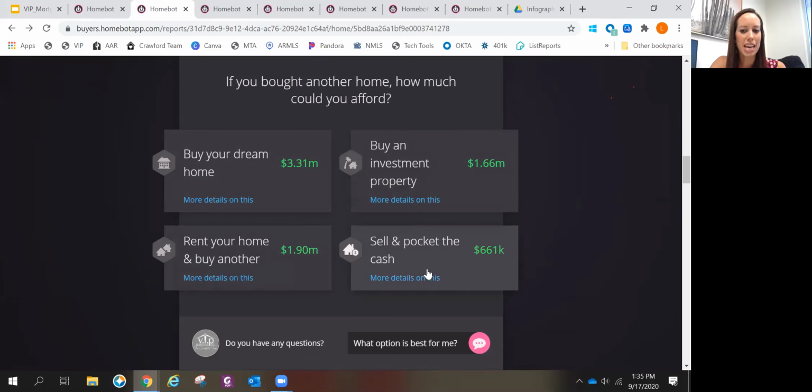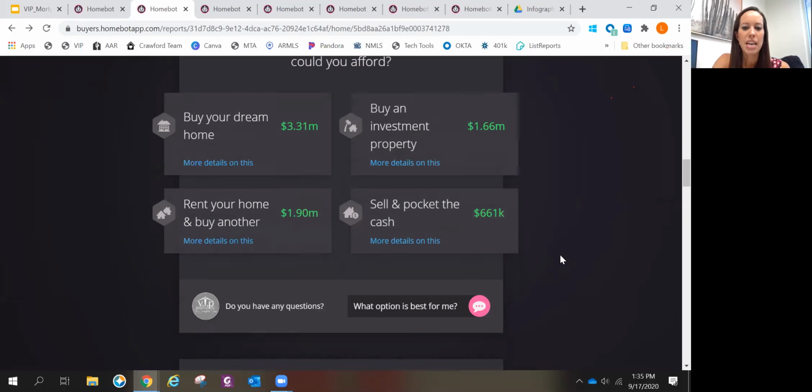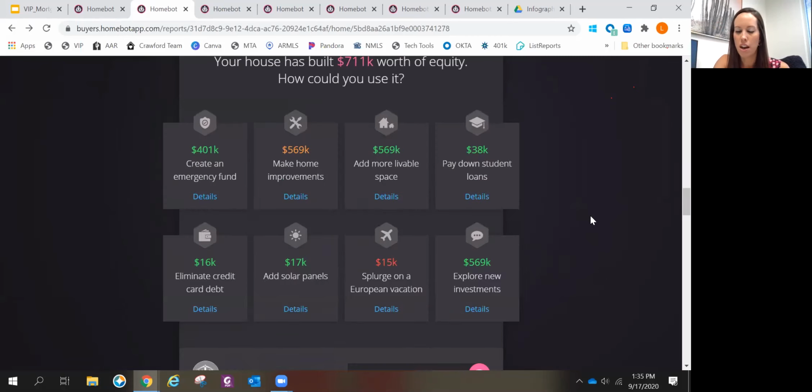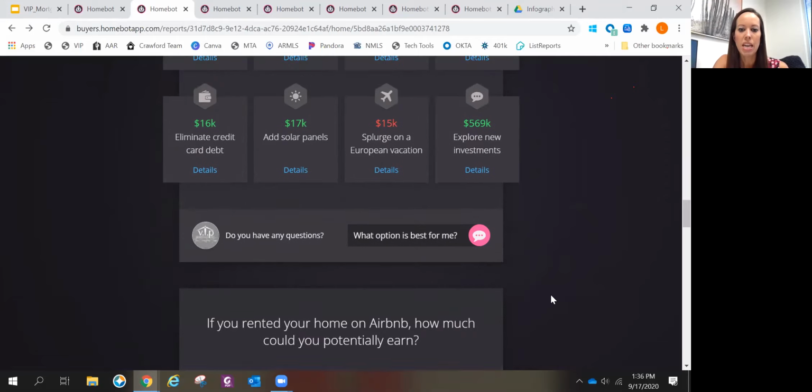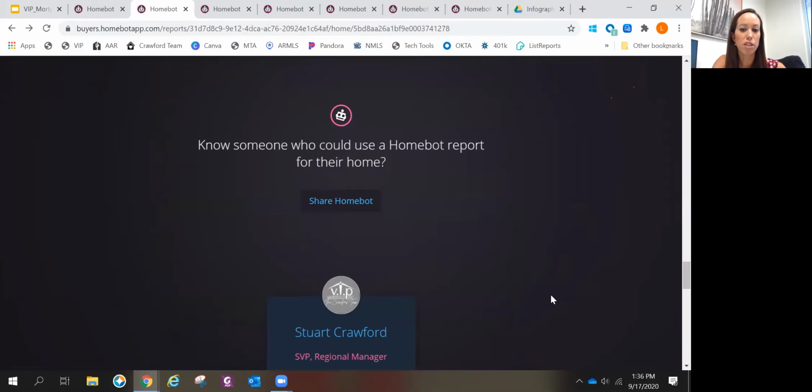And if they were to sell and pocket the cash, and that also is factoring in your commission as the agent, all the closing costs, and the buyer's agent commission, this is how much they would pocket. And then obviously, again, this person, because they have so much equity, it gives them different options with their equity here. So reports are really catered and targeted to the individual, which is amazing.